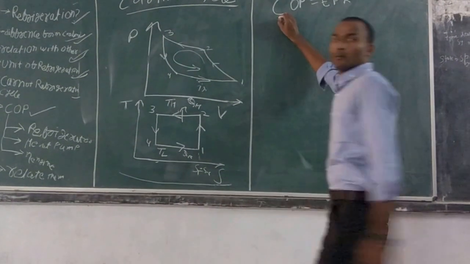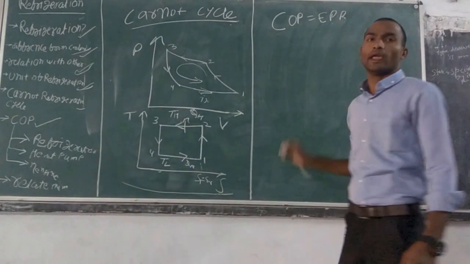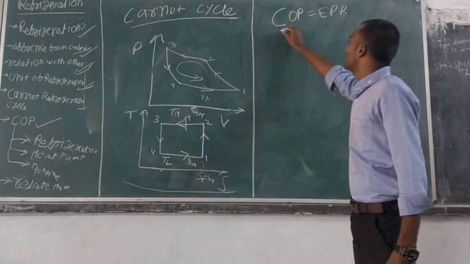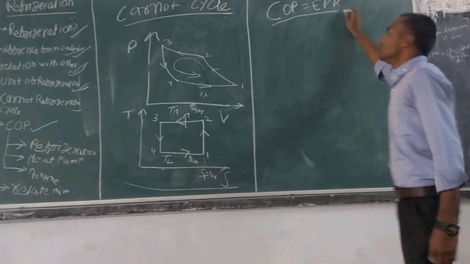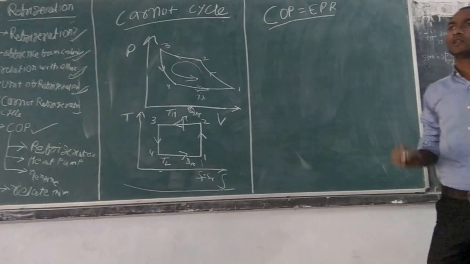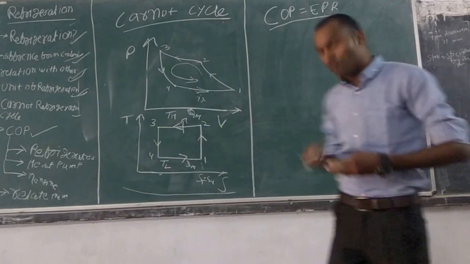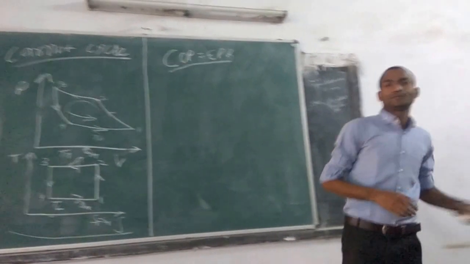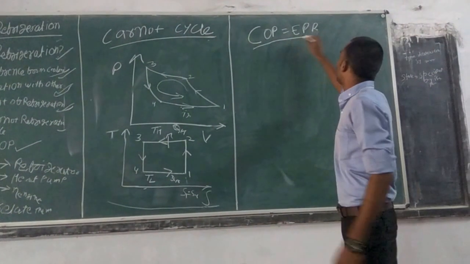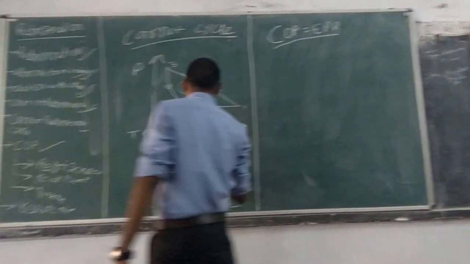COP is coefficient of performance or energy performance ratio. For any engine or any system, we have to understand its efficiency, so that we can easily understand how much output it will give for how much input. So to know the input-output ratio, we have to calculate the COP or EPR.